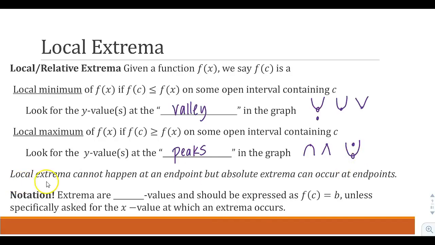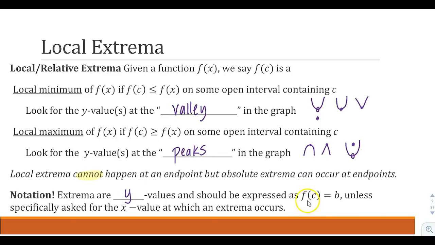So it's important to note local extrema cannot happen at an endpoint, but absolute extrema can occur at endpoints if I have a closed interval or a half-closed interval. For notation, remember, extrema are y values.